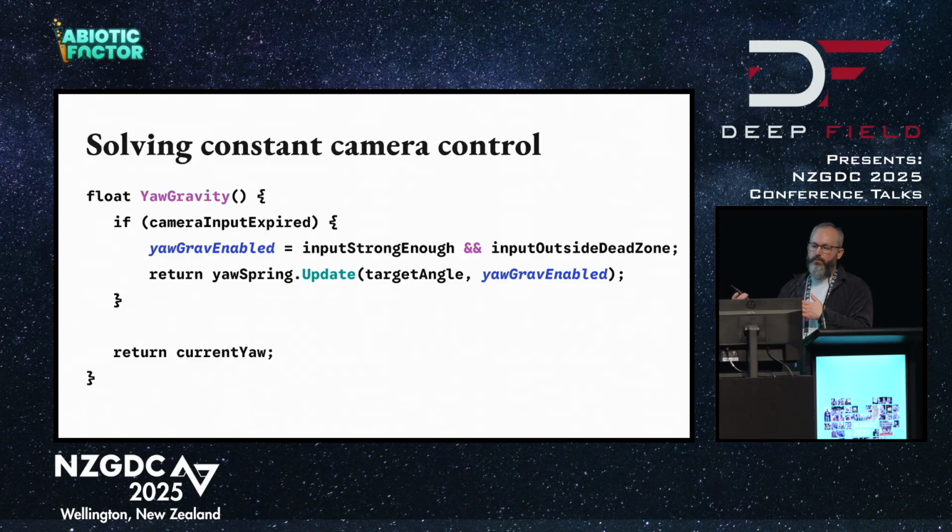What your gravity enabled does is it tells the spring, we don't want you to move towards the target angle anymore, and that smoothly decelerates the camera. And if your camera input has not expired, then we're just piping out the current yaw anyway, so no need to do anything at all.